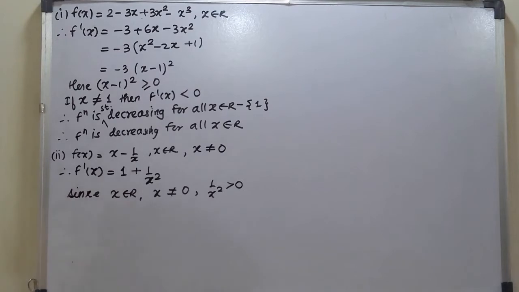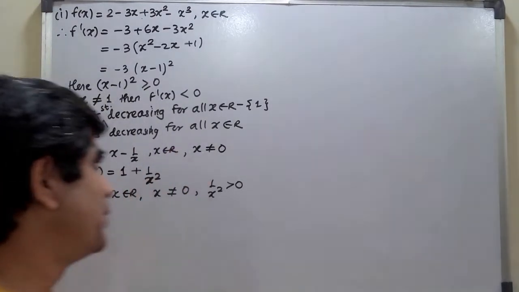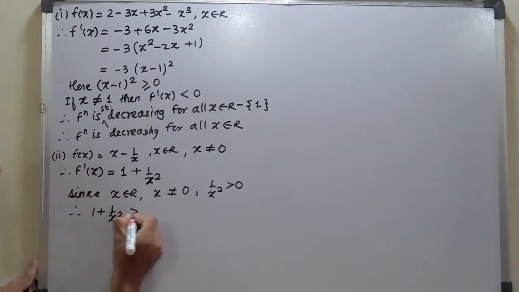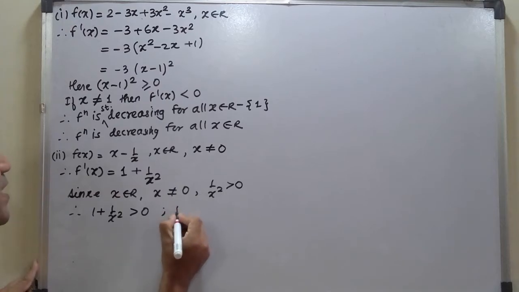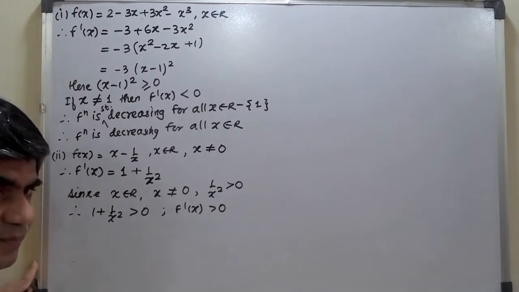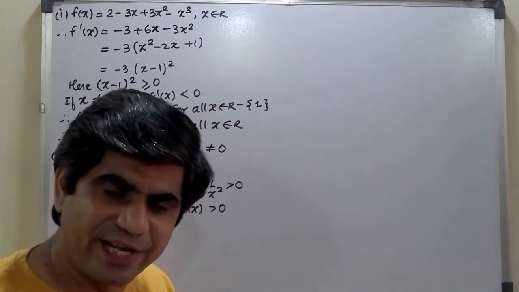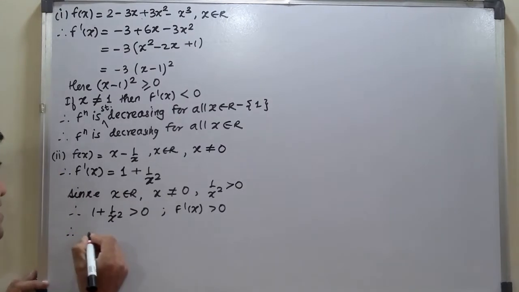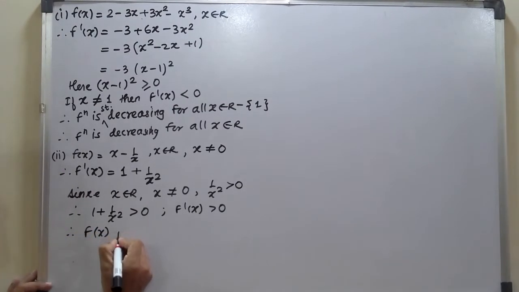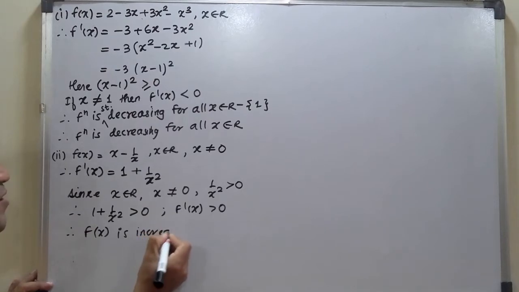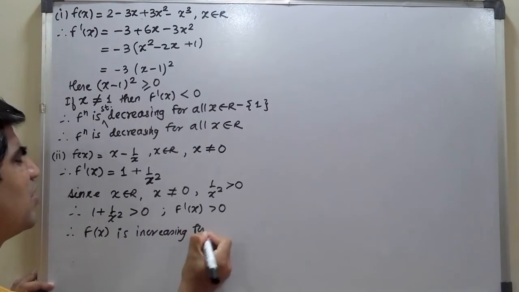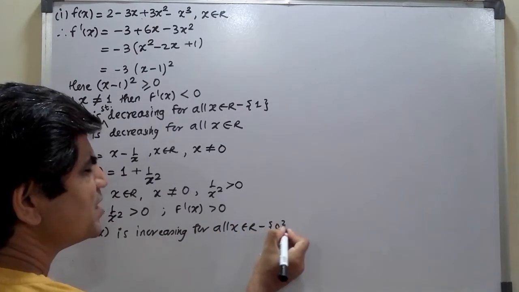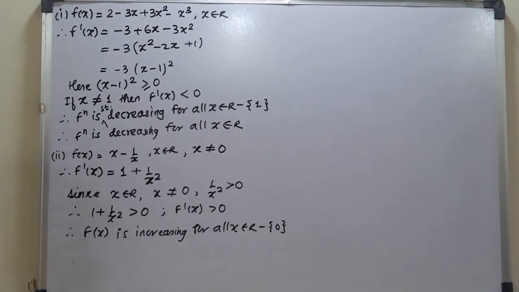It cannot be 0 also, it is only positive. So obviously 1 plus 1 by x square is positive, indicating f dash x is positive. And if the first derivative is positive, then the function is increasing. So I can say here f of x is increasing for all x belonging to real numbers except 0. Got it? I hope you understood.